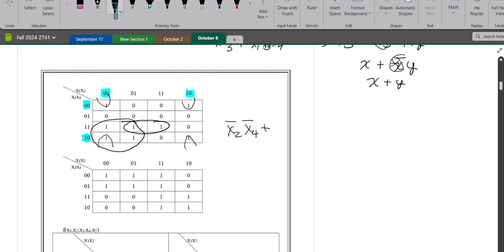Now this bottom group of 4 in the bottom left corner, what those have in common are these 2 rows and these 2 columns, and that gets me x1 bar, from the top, and then the rows give me x3. Oh, x1 bar, x3, and then this group of 2 has x2, x3, x4.